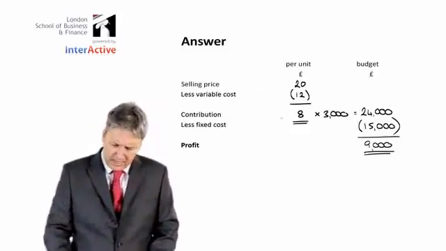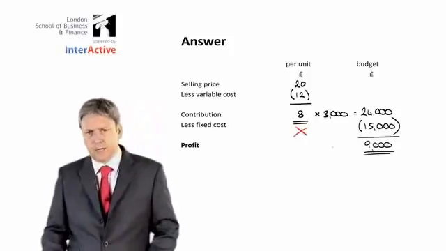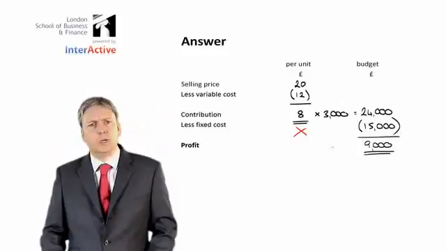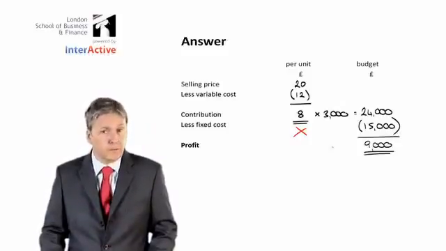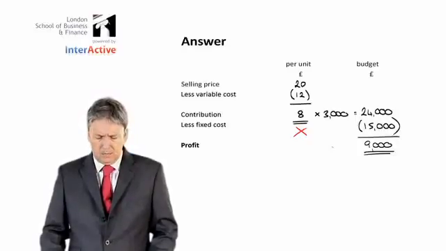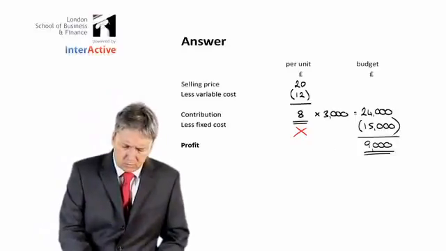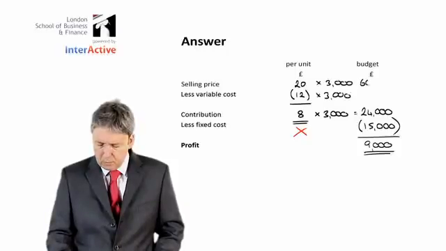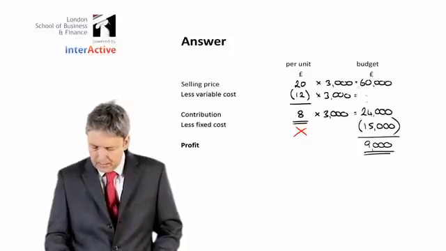Can I point out that you never ever link the fixed cost on a per unit basis, because we've already stated that fixed costs are fixed. They are constant in total terms. We could, of course, we don't have to, but we could have multiplied by 3,000 every time. But if you think about it, it's a bit of a waste of time, isn't it? Because we can get to the contribution figure that much more quickly the other way around.